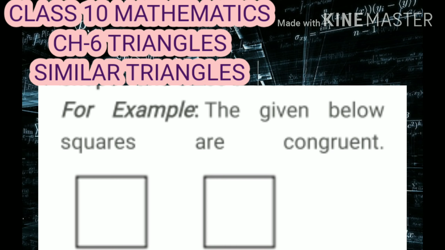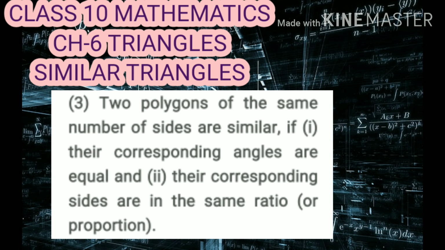Let us understand it more clearly by this example. You can see there are two squares which have the same size as well as the same shape. So children, both the squares are congruent because their shape and size are the same.